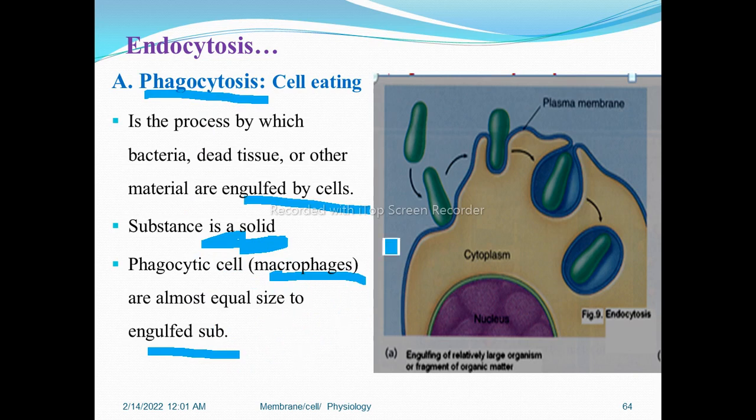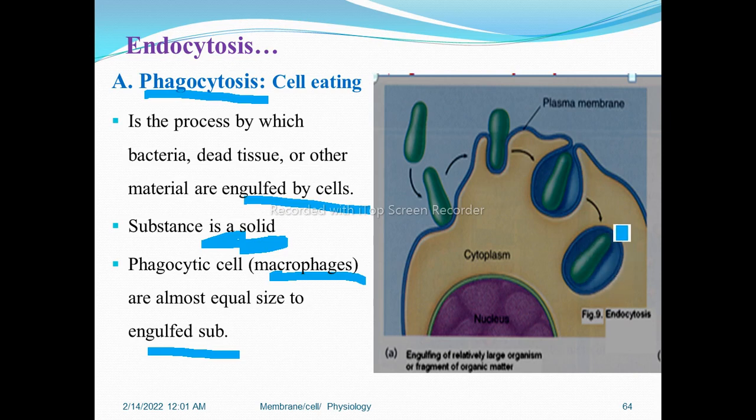So this material is in contact with the cell membrane. The cell membrane is folded and fused together, and the material is engulfed and forms a vesicle here.